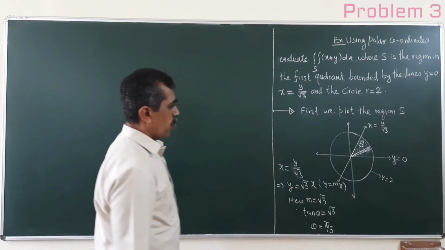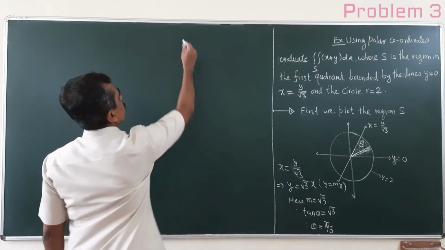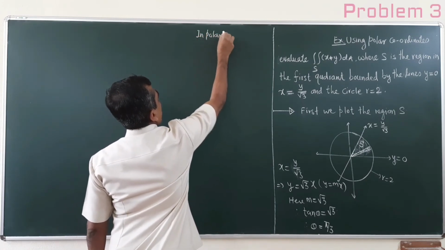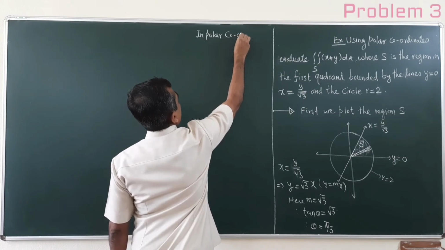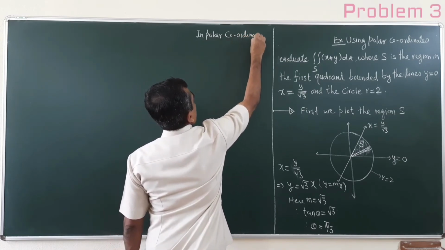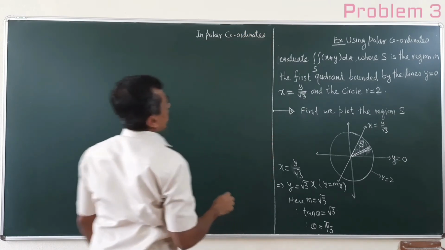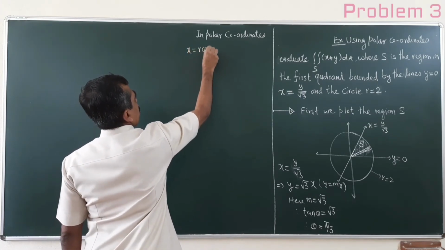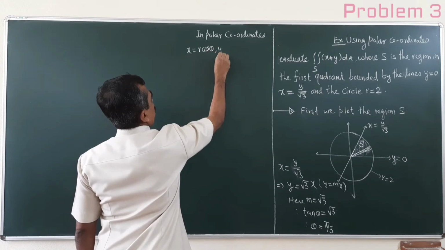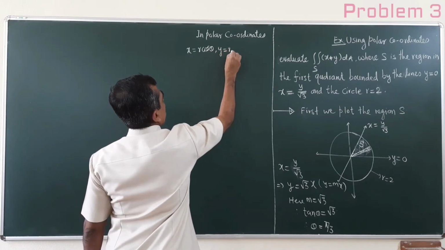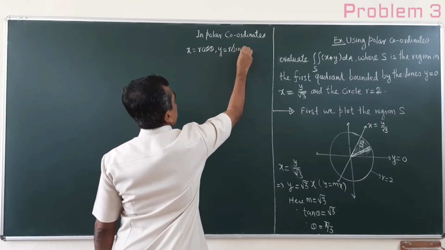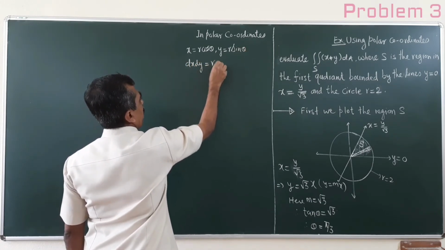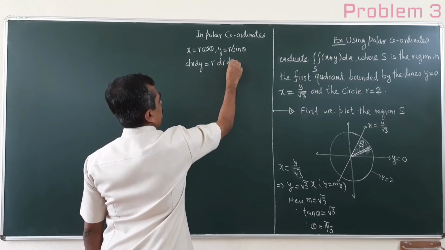So let us go now for polar coordinates. As usual, x is r cos theta, y is r sin theta, and the area element dx dy is r dr d theta.